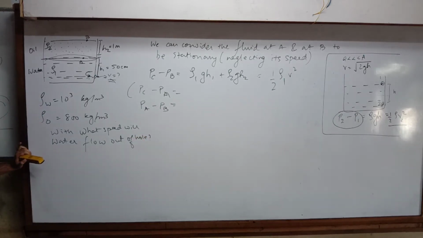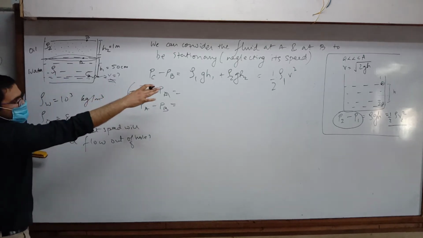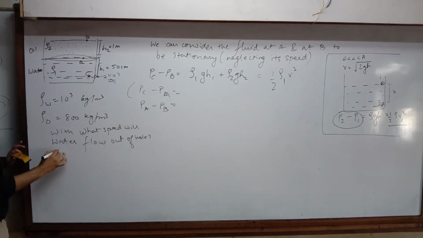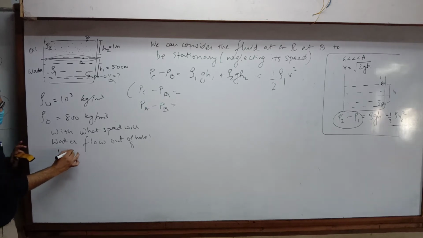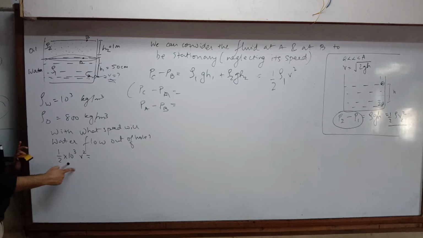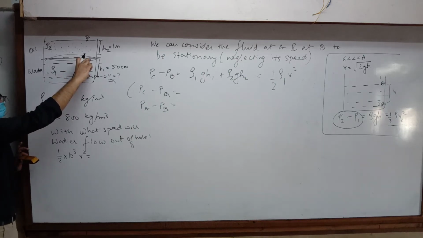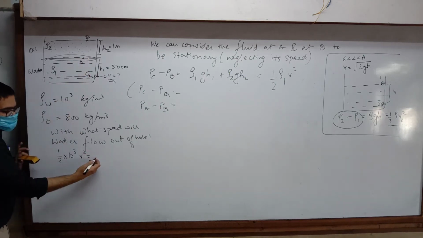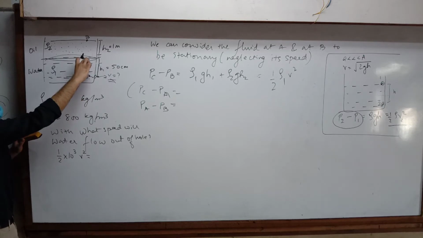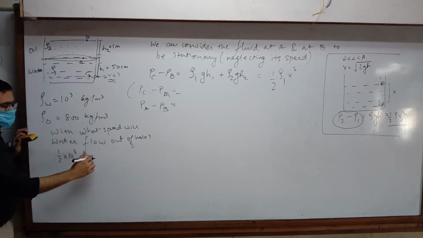Okay. So how to solve this one? Use this idea. First of all, I am going to write half rho for water into V square, because water is coming out. Equal to the pressure difference, so what should I write?